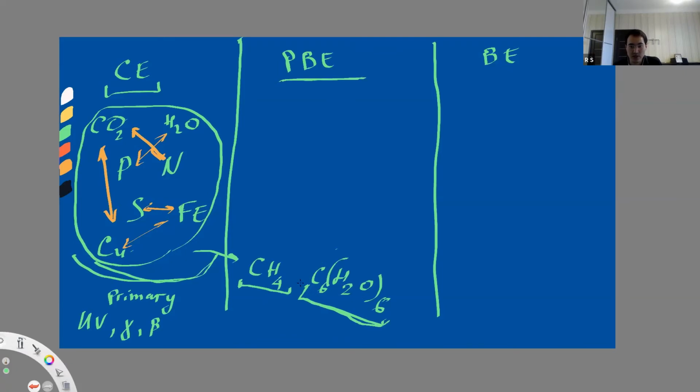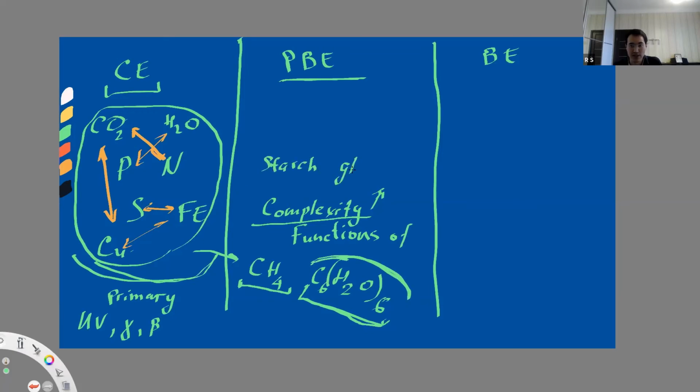With the increase of complexity, we might obtain some new functions of the molecules that were produced. So let's say the sugars started combining with each other, forming, for example, starch or glycogen. These molecules are very huge, and they have their own conformation, as do, for example, DNA and proteins.